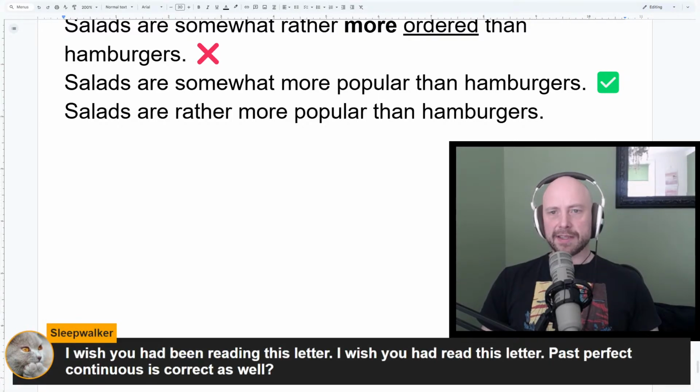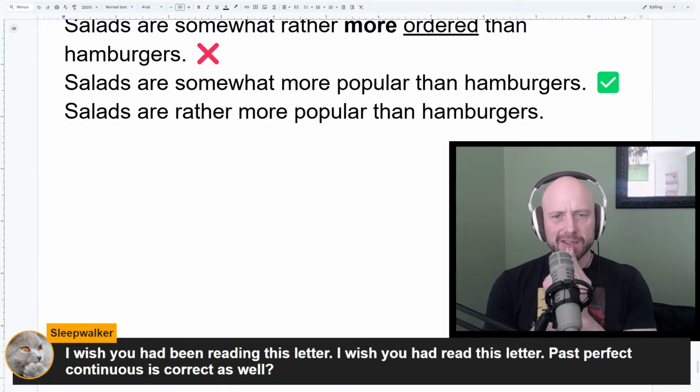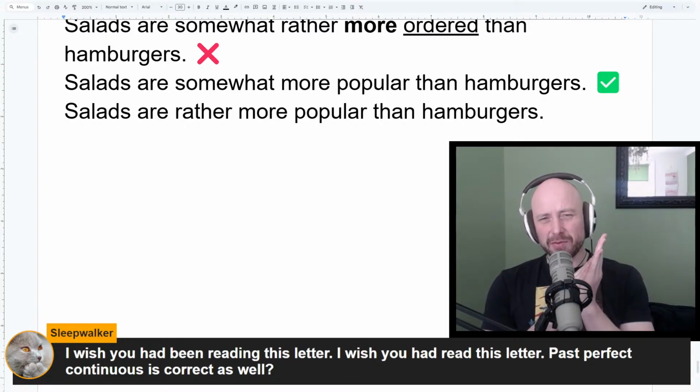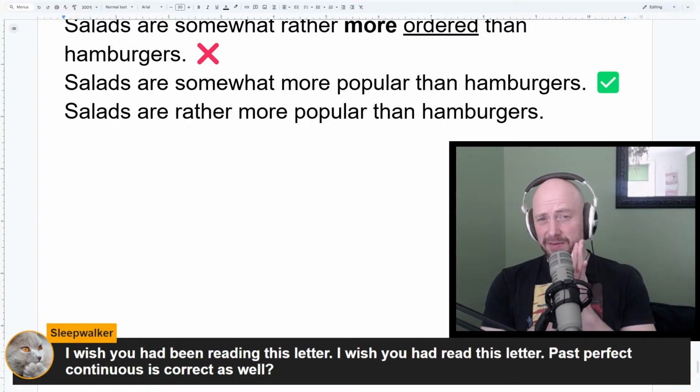I wish you'd been reading this letter. Past perfect continuous for I wish. It's possible, but very unusual. The past perfect continuous in general is very unusual. So you need a good reason to use it.